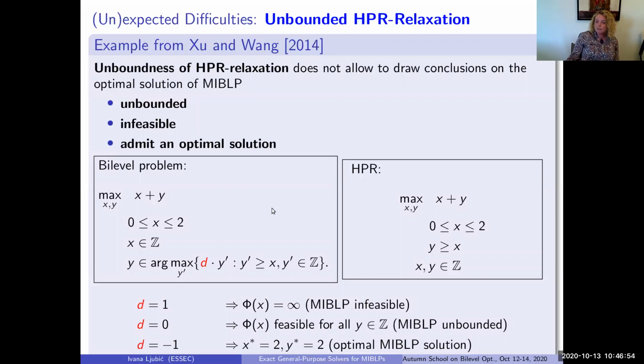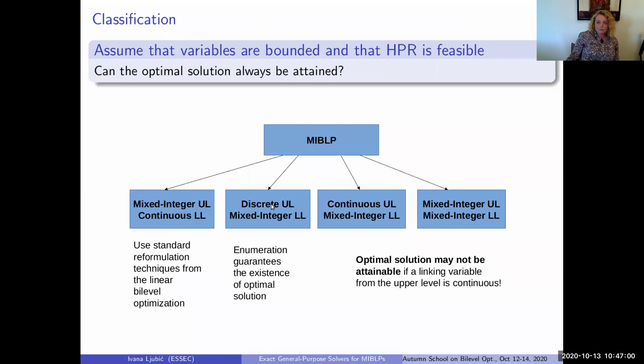However, there are some other difficulties that we may encounter. Let's say we assume that we have added some bounds so that we make sure that the HPR relaxation is a bounded set. The set of all feasible points is bounded. The next question is, now, can the optimal solution always be attained, even in this particular case?